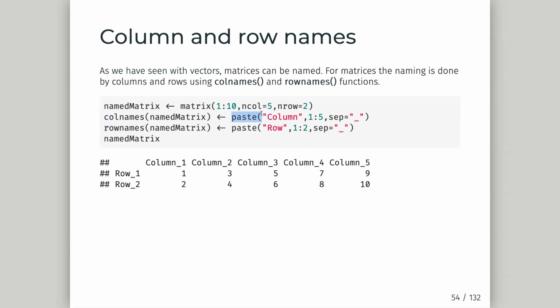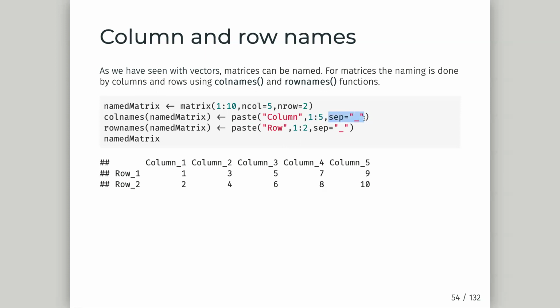To do this, I'm going to use another function, which is really useful, called paste, question mark paste, if you want to learn a bit more about this. What this is going to do is take the numbers 1 to 5, paste them to a word column, and put a separator between them of an underscore. So this is my separator value. I could set that to anything.